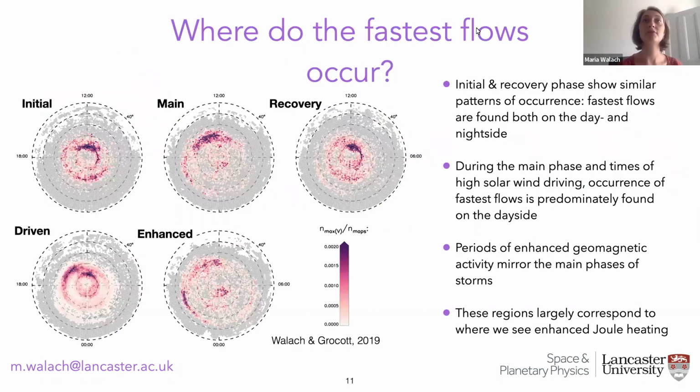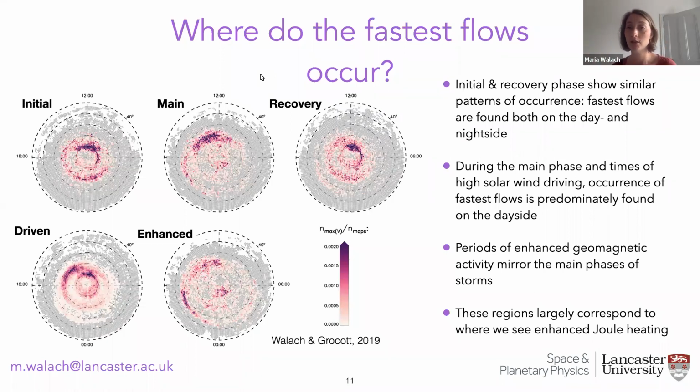So one of the things that I was looking at is where do the fastest flows occur during a geomagnetic storm? I took all the geomagnetic storm times and I looked at each individual SuperDARN map, and I took from each map the place where the fastest flows occur.